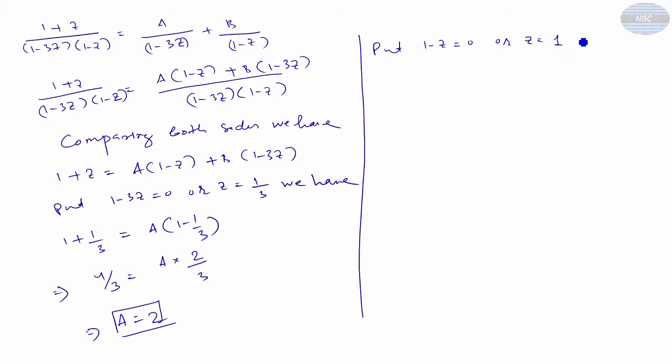We put the value of z as 1, so we get 1 plus 1 is equal to, the a term will vanish because 1 minus z is 0, so we have b into 1 minus 3 into 1, which implies 2 equals b into 1 minus 3, which is nothing but minus 2.